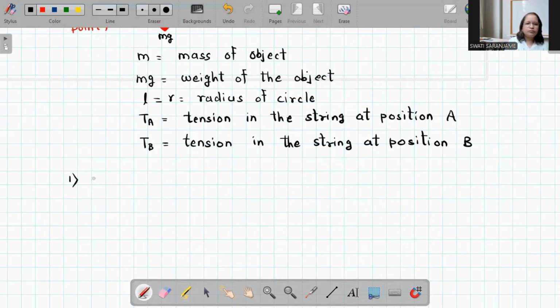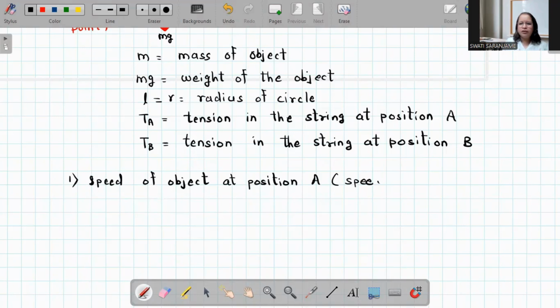First one, the speed of the object at position A. This is according to the figure, but what is the meaning of this?